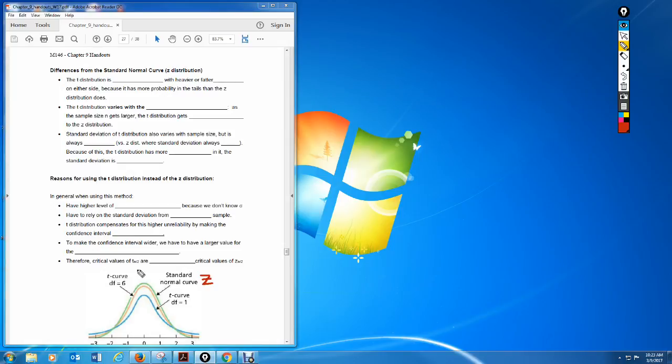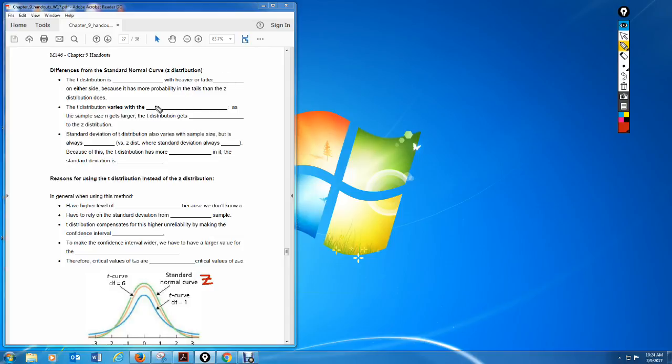You can see that the t-distribution is shorter than the z-distribution, and it has heavier or fatter tails on either side because it has more probability in the tails than the z-distribution does.